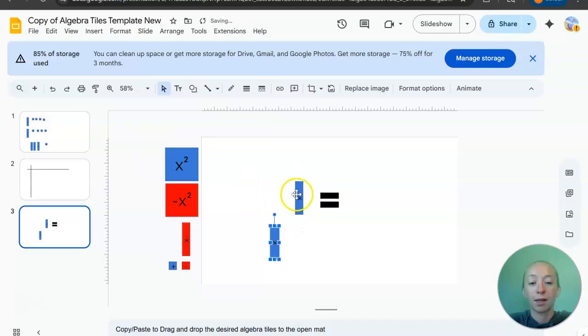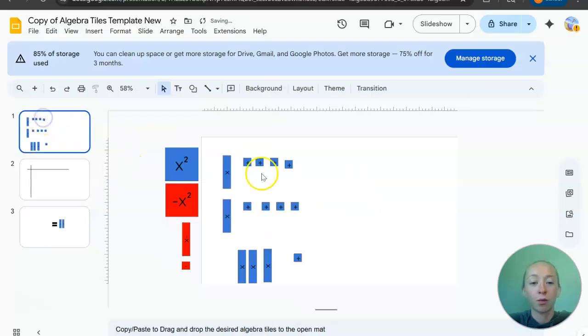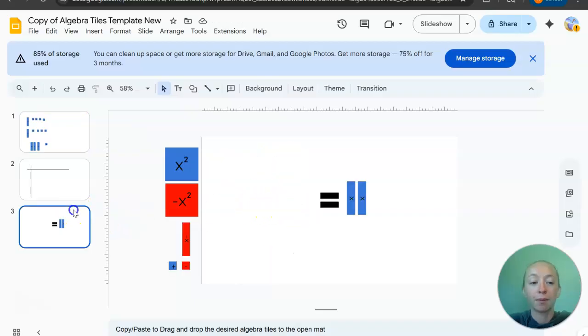It equals 2x plus, and what? 1, 2, 3, 4, 5, 6, 7, 8. 2x plus 8 little ones. One, 2, 3, 4, 5, 6, 7, 8. So that was our final answer here, and that's showing in algebra tiles.